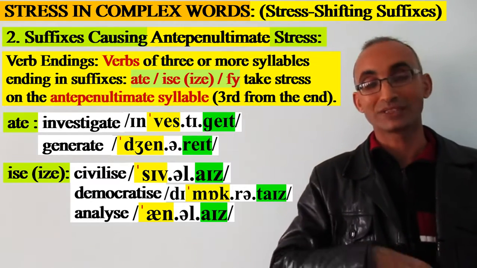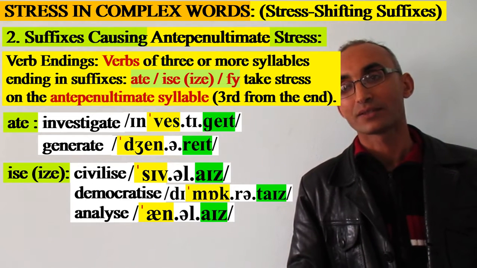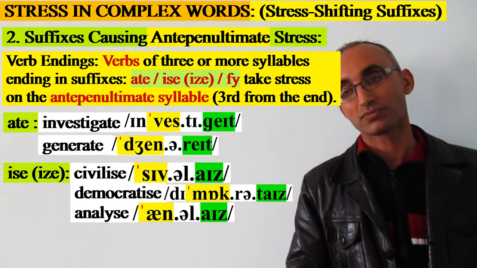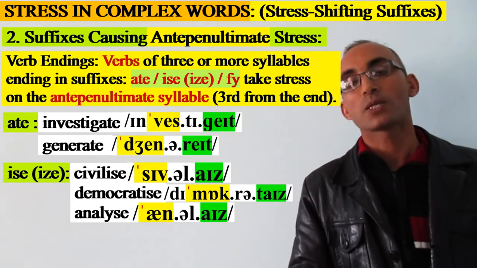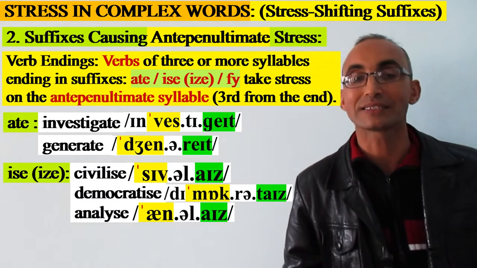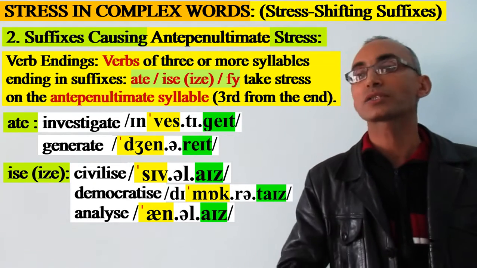For -ize, we said on the S, we have the example civilize: lize is not stressed here, vi is not, and ci receives primary stress. Why?